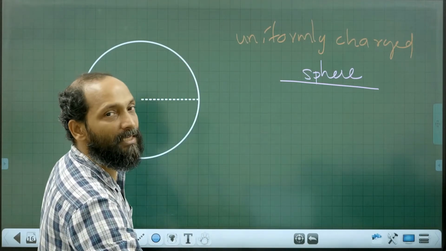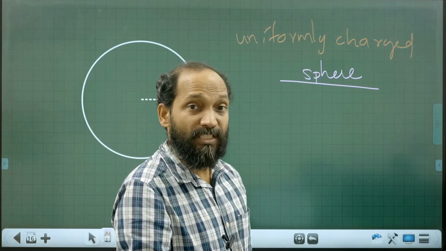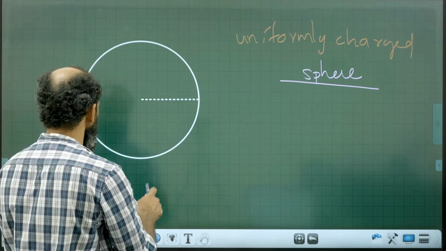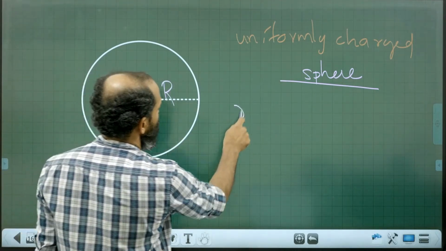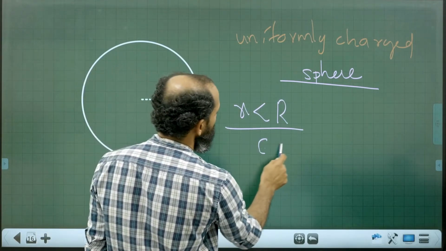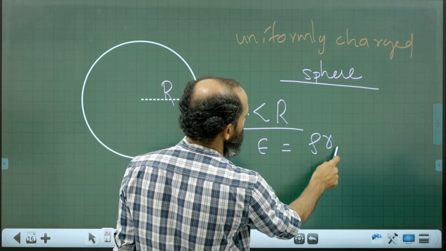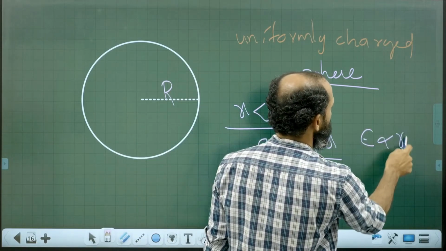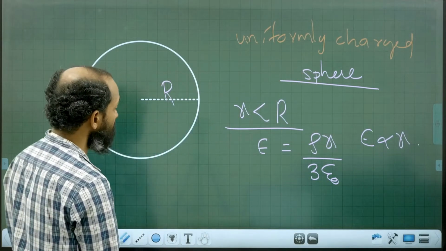But if you make a sphere of charges, that is an insulating sphere. Uniformly charged sphere of radius R. For distances less than the radius, that is inside, the field as per Gauss's law, you can find out, is rho r by 3 epsilon 0. Field is directly proportional to distance r inside.